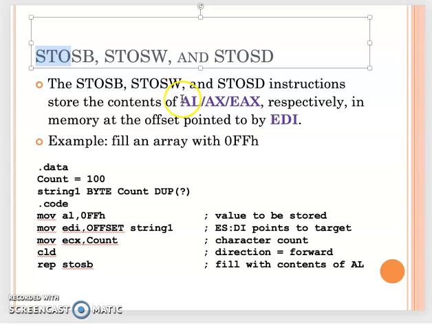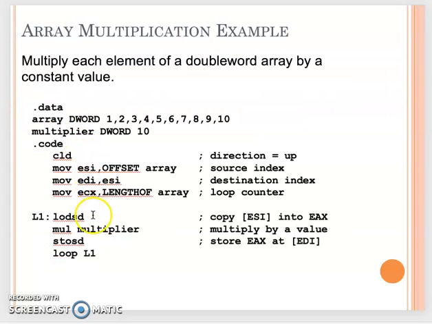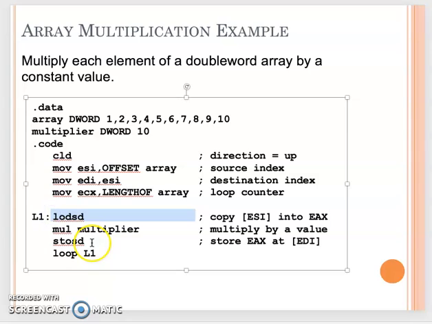If you have the value in AX or EAX, you store it into the array one by one, with the array pointed to by EDI. Then we can update the array data. That's why in this example we do the load and the store in the same loop, so we can see how we multiply the product value one by one.